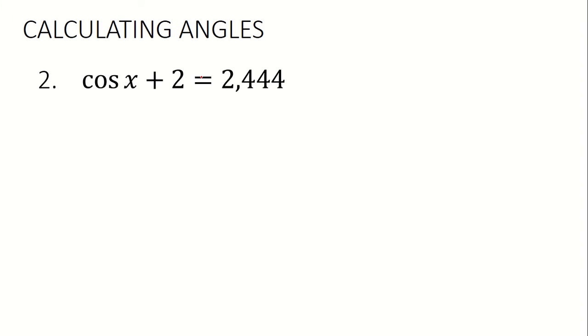However, this 2 is not an angle. It doesn't even have degrees, meaning that we have two terms on the left hand side. Now, when you have two terms like this, or it can be 2 or 3 terms, you need to isolate your ratio. Your ratio in this case will be cos of x. We need to isolate cos of x by taking 2 to the right hand side.